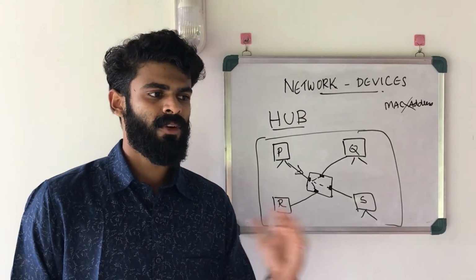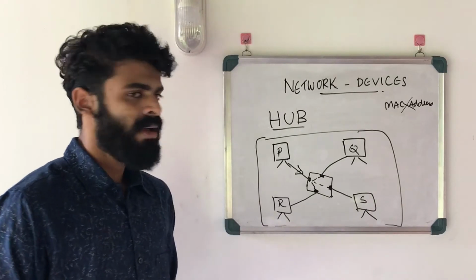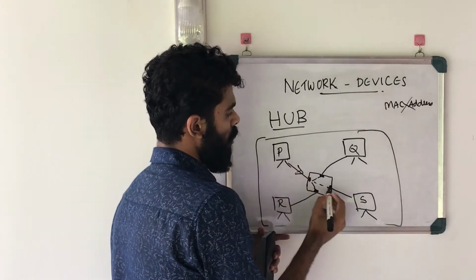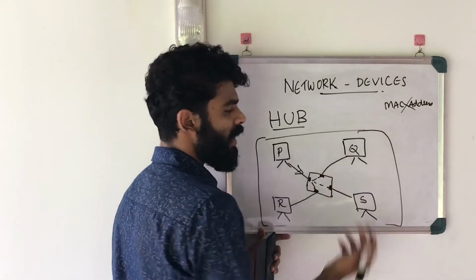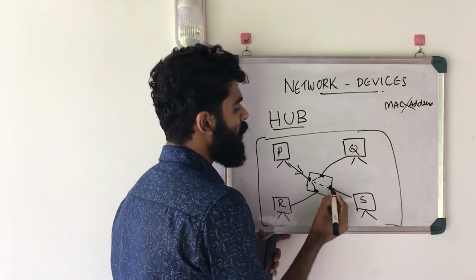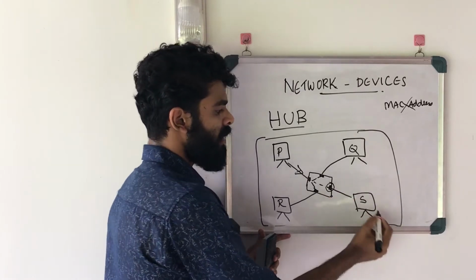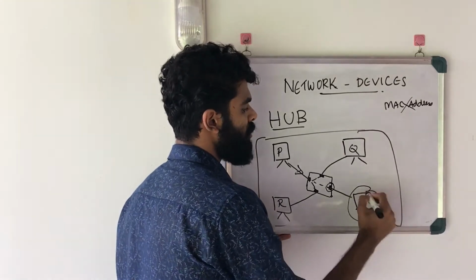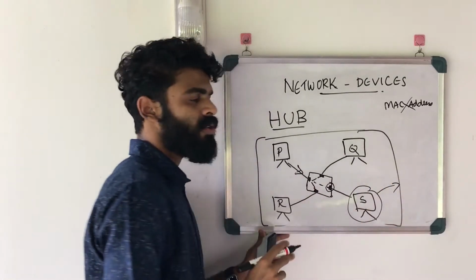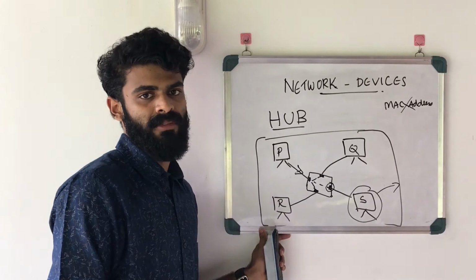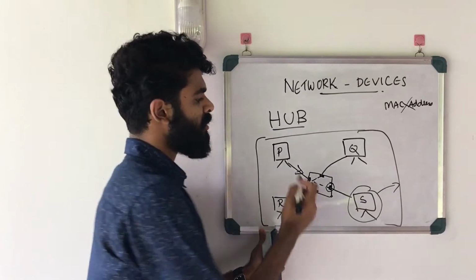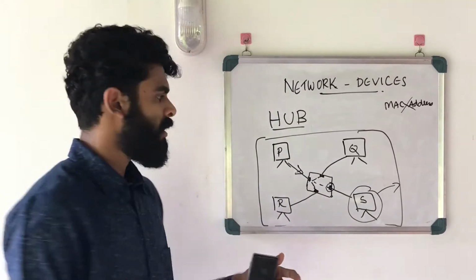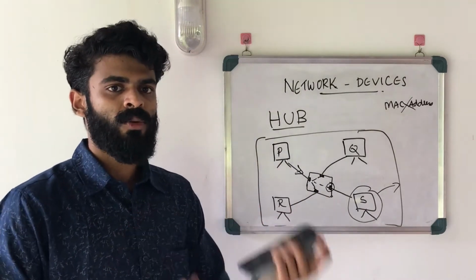Hub was for special use cases. For example, suppose we need to send a packet from P to Q or to any of the nodes, and we need to identify how much traffic this one receives. And the constraint is that S does not have any software installed in it to monitor the amount of traffic it receives. So what can we do? If it is a switch, there is a direct communication between P and Q. In case of hub, we can use the disadvantage to our advantage.